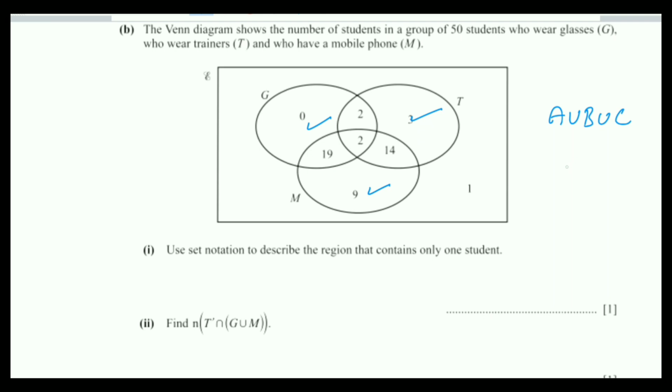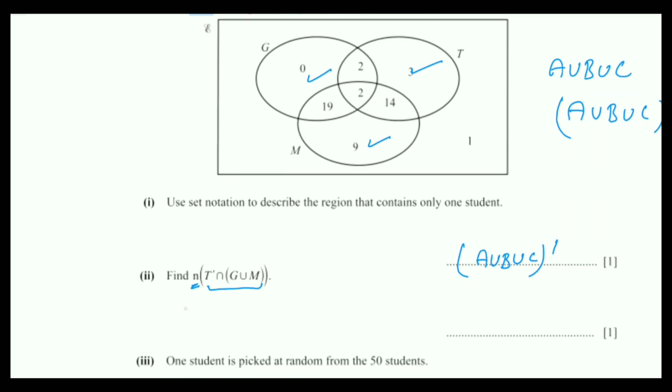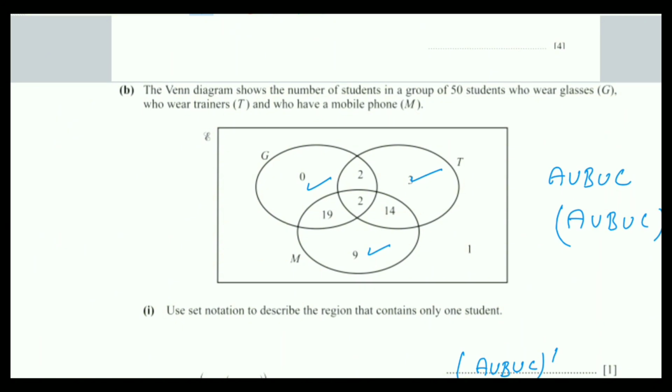How will you write not A union B union C? This is very simple. You can write it as A union B union C complement, or not. Find the number, again the number: n means number, the number of this set. So how will you find this set? When they are asking to write the numbers, the number of students is already given in this question.